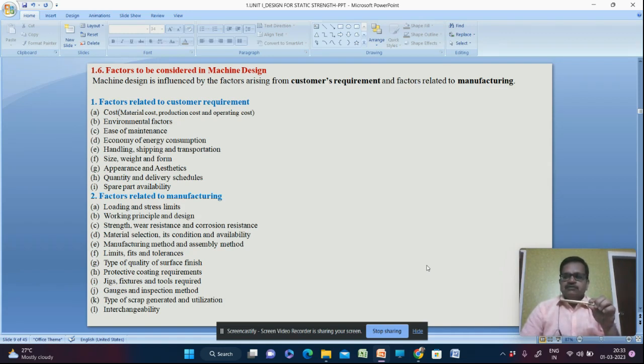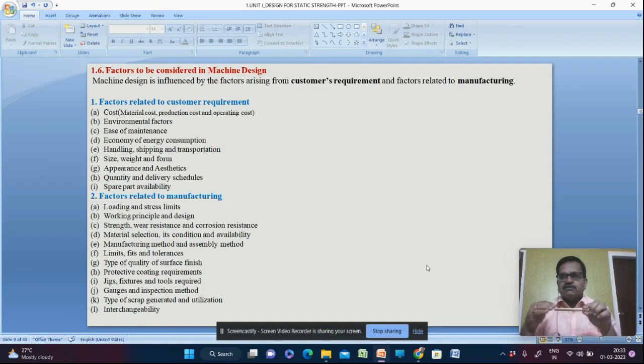Maximum size is 50.1 mm and minimum size is 49.1 mm. So 50 is the basic size, and the maximum size we are allowing is 50.1, and the minimum size we are allowing is 49.1. And how much are we allowing as deviation?